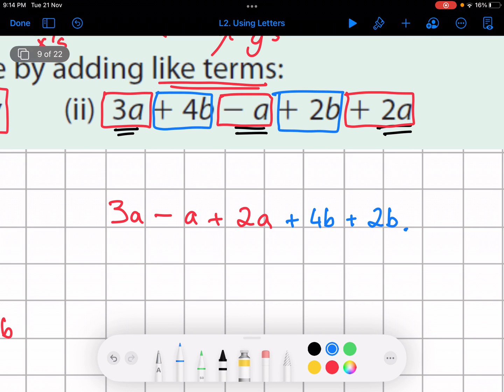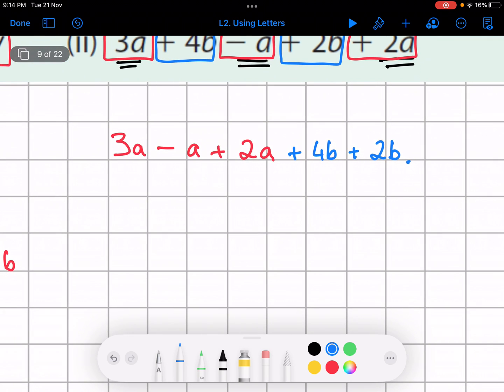So let's look at what we have in red, the a's first of all. 3a minus a is 2a plus 2a. 2a plus another 2a is 4a. Then we have plus 4b plus 2b, so we can just add them together.